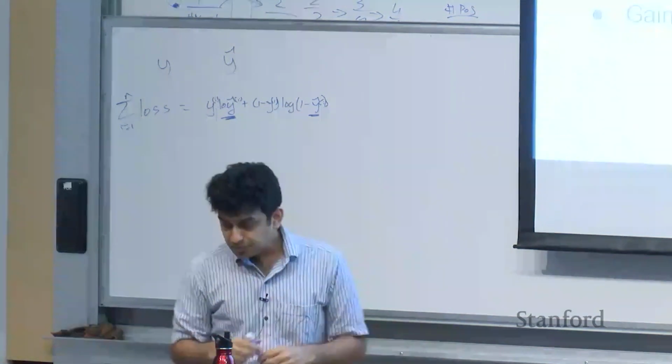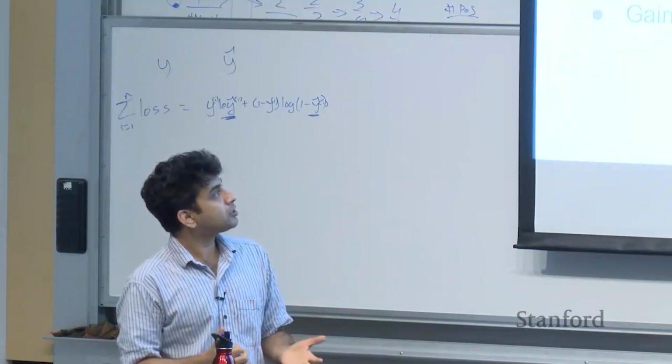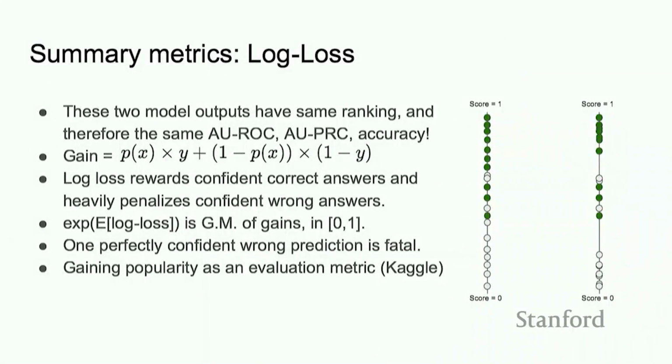It basically rewards confident correct answers, which means that when you predict a correct answer with a relatively high probability, it rewards you for taking that even higher. But at the same time, it very heavily penalizes you when you get it wrong and are very confident about it. So it's asymmetric in the way that it rewards you for confident correct answers, but pretty much kills you if you make a confident wrong answer.